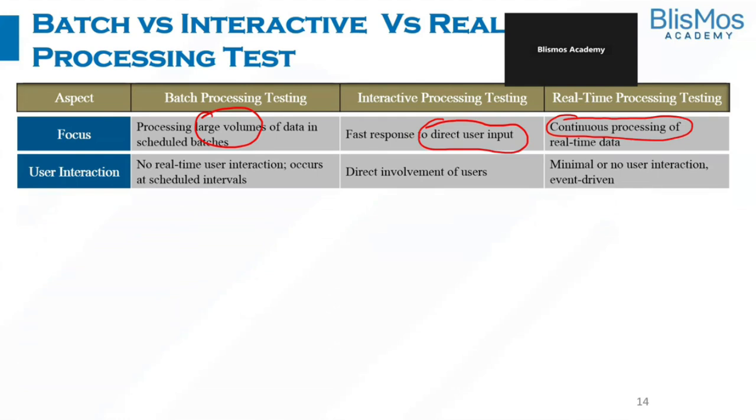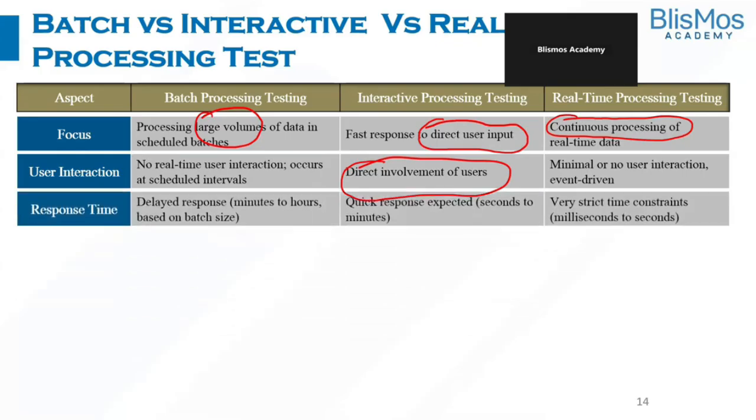In interactive processing, there is direct involvement of the user, who provides input based on the response. In real-time processing, there is either no user interaction or very minimal user interaction. Response time in batch processing may take minutes to hours as the data is huge and there is no urgency.